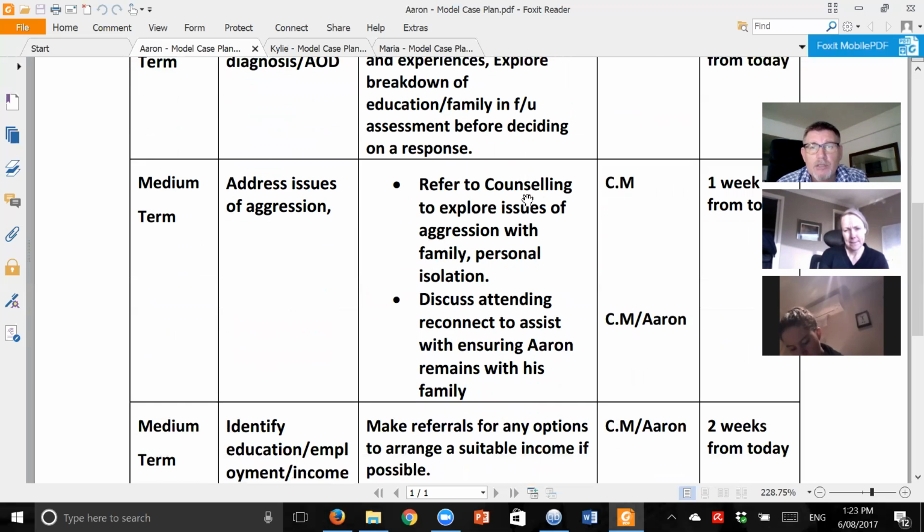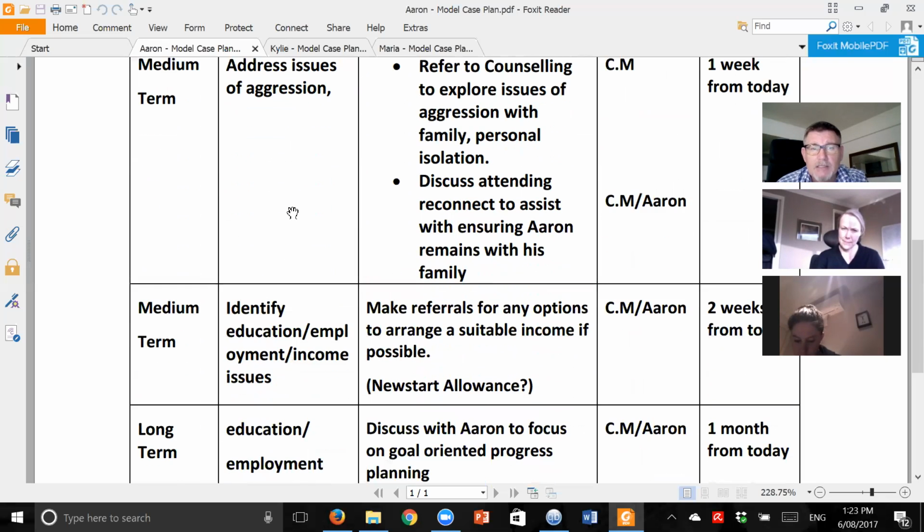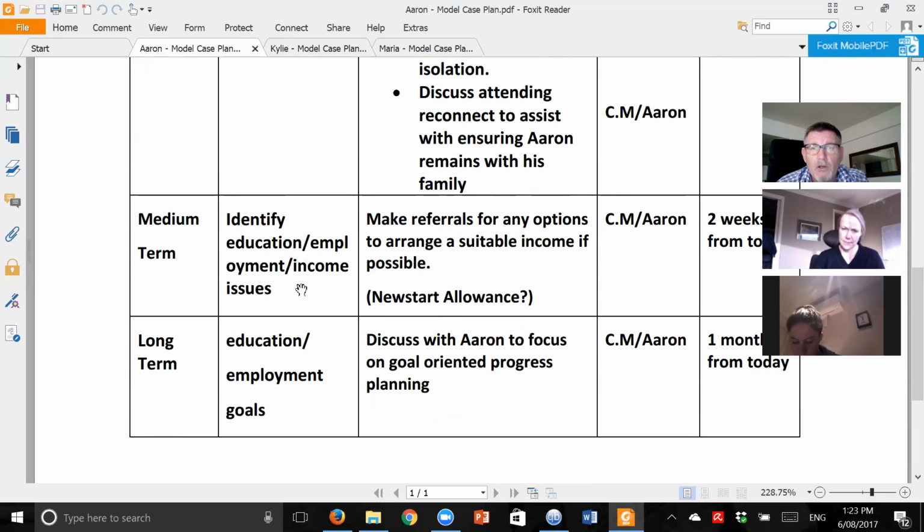The presenting issues that he came in with: his family, counselling to help address his housing situation, long-term goal setting, in terms of a social life as well.